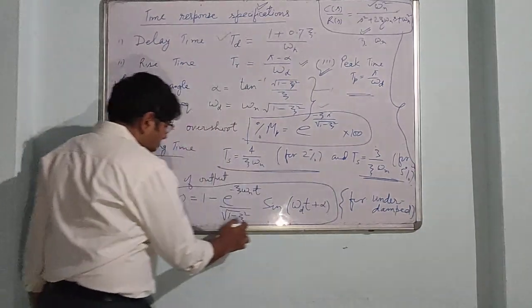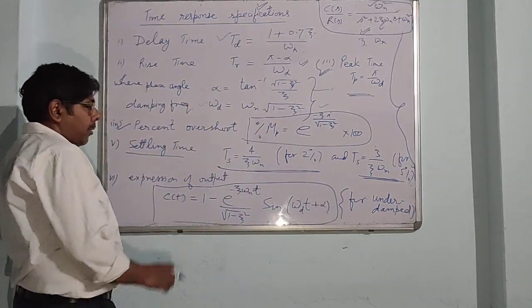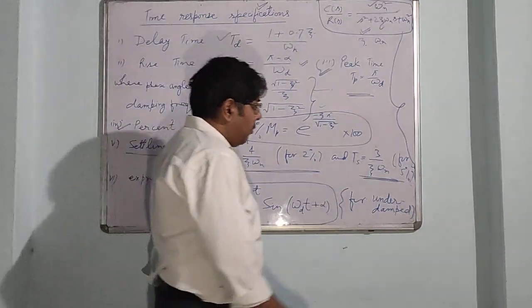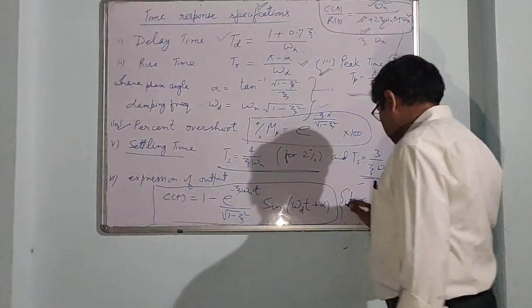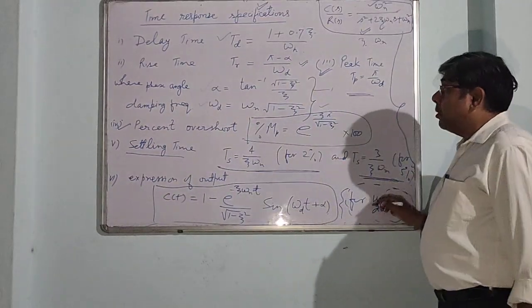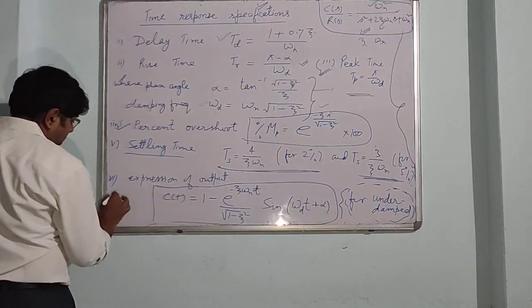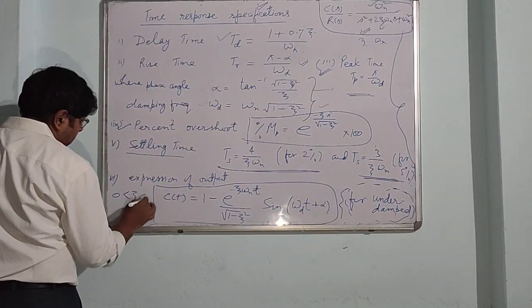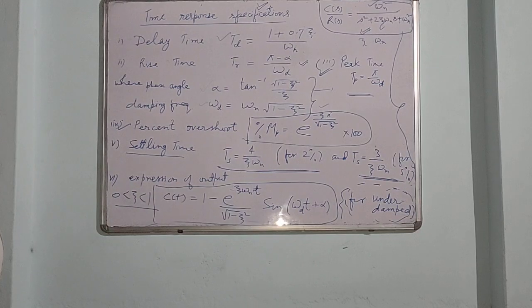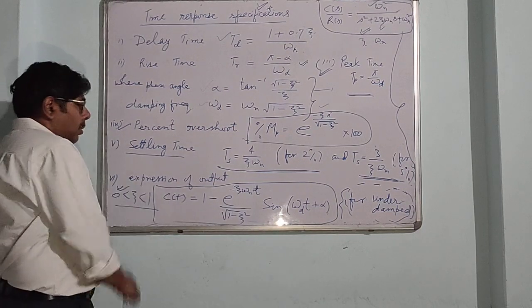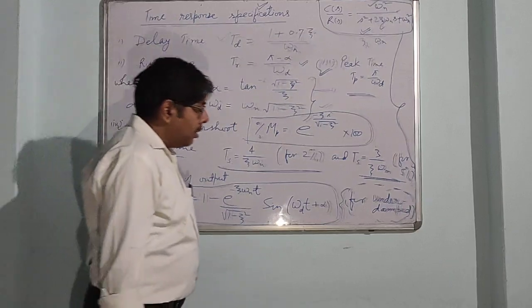We can use this expression to calculate the output for an underdamped system. This is important. Underdamped system means the value of zeta is in between 0 and 1. This is the general case for underdamped system.